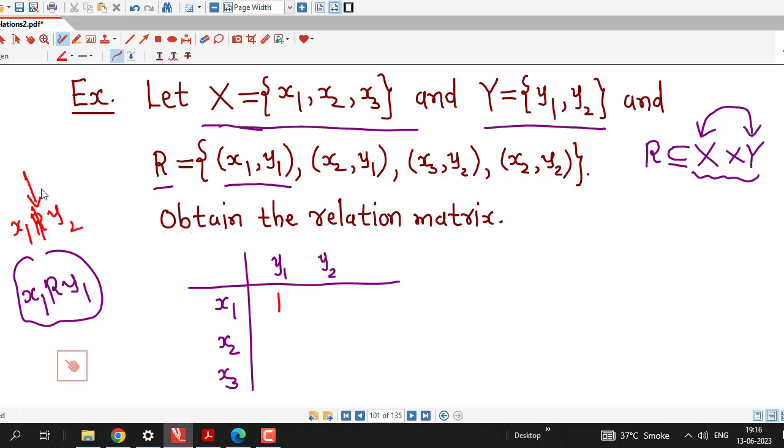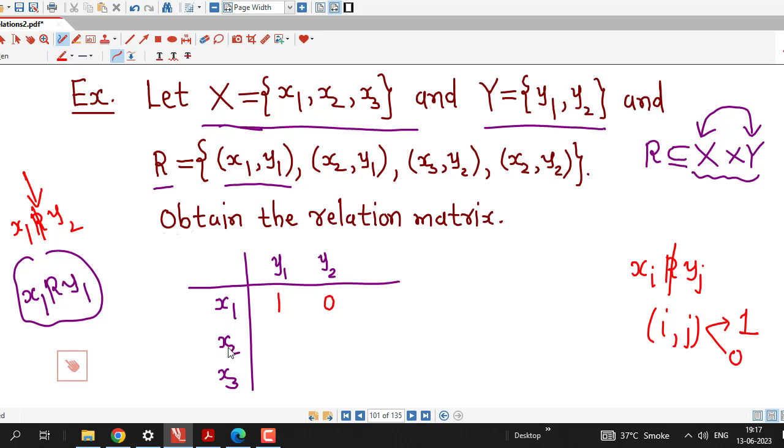So corresponding to this ordered pair, I have to write 0. So if some element, say xi, is related to another element, say yj, then we consider the ijth entry as 1. And if xi is not related to yj, then the ijth entry is 0. So all the entries in the relation matrix are either 0 or 1. That is, it is a 0-1 matrix.